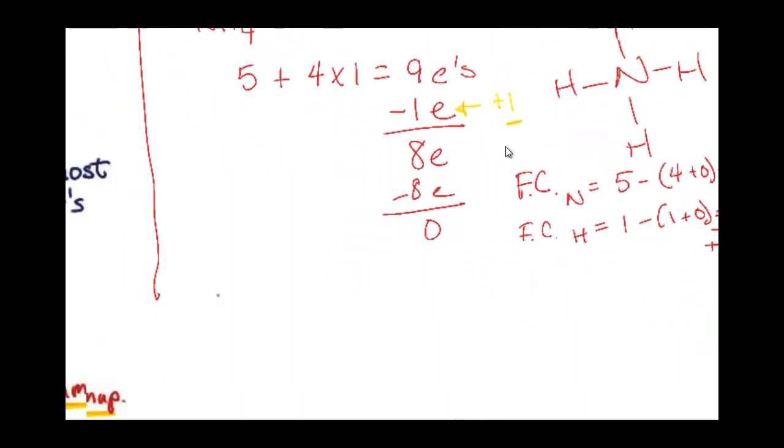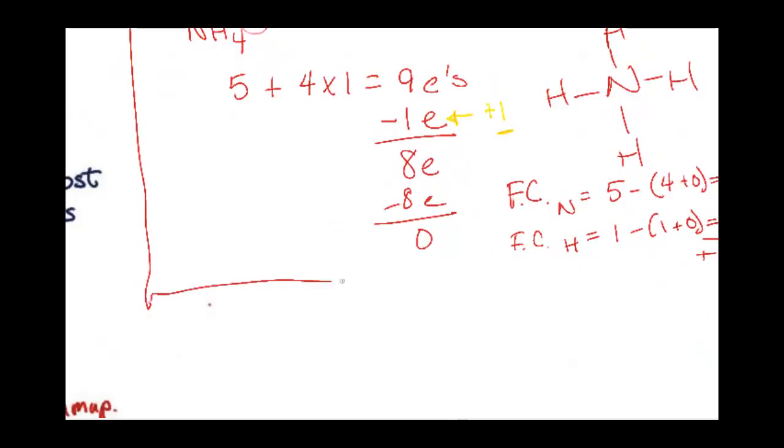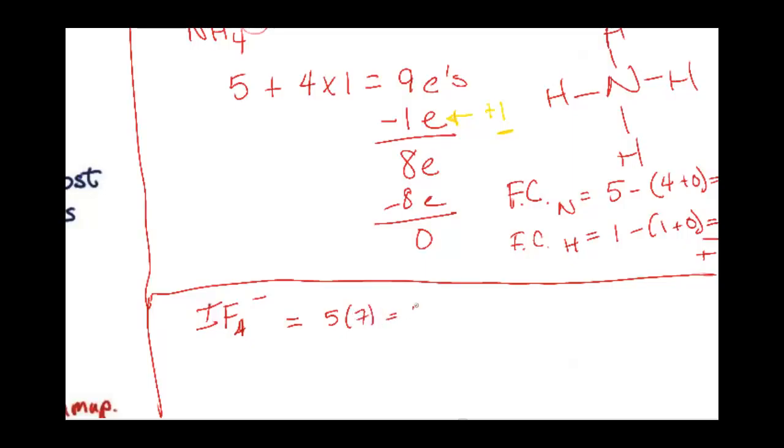Alright, let's do an anion. We're going to do IF4 minus. Alright, so here we have 5 halogens, so 5 times 7 is 35 electrons. But we have this minus sign.